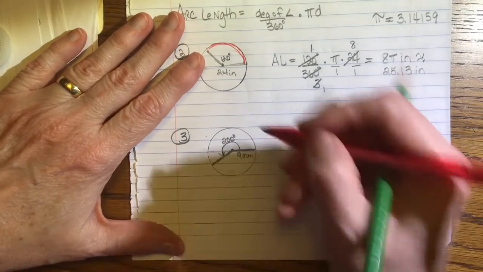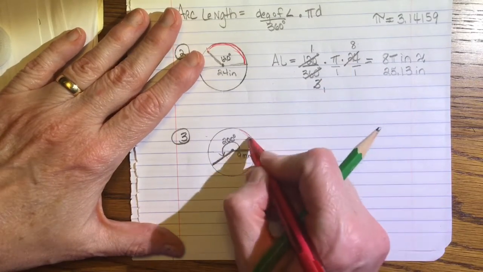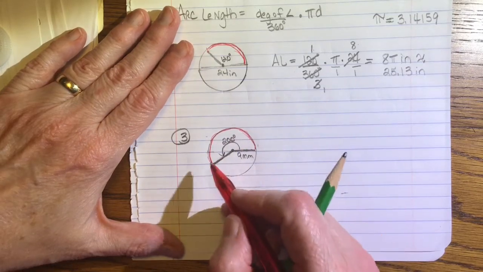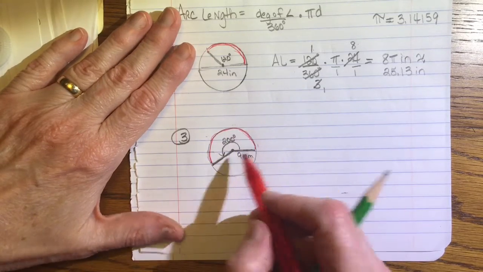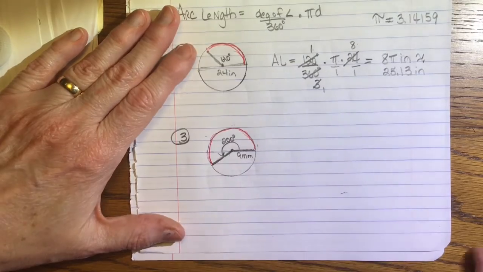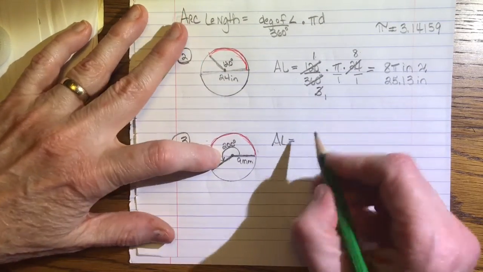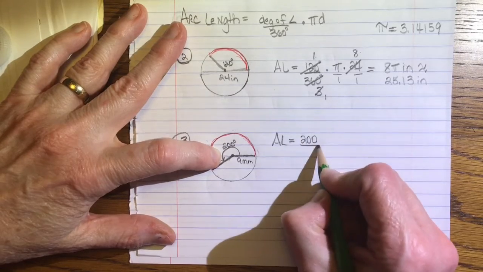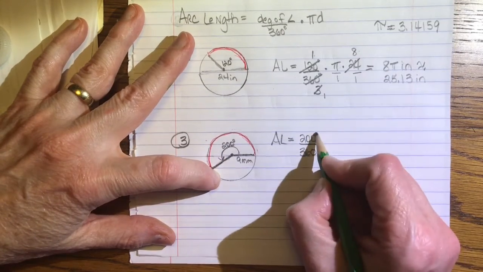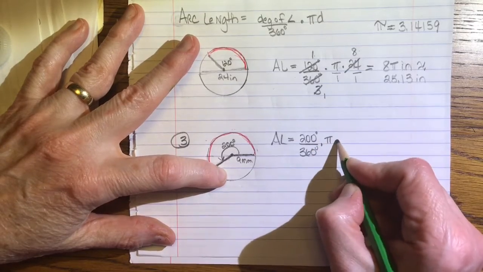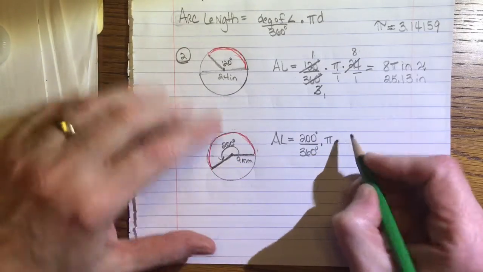So it's over half. Remember we had major arcs and minor arcs. In this case, you're finding the length of the major arc, the biggest one, and this one is the minor arc. So the arc length is equal to the angle 200 over the number in the circle, times pi times the diameter, which would be 18.